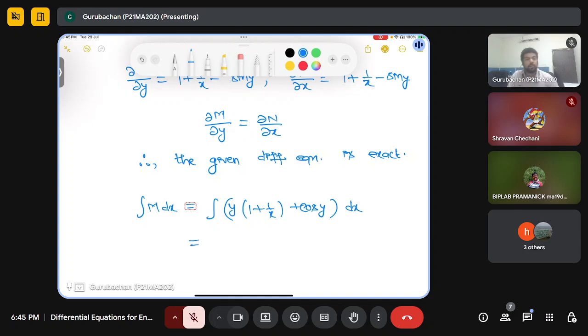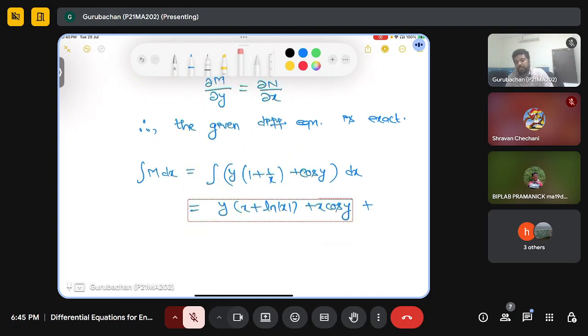Since you have to integrate with respect to x, you need to assume y to be a constant. So it will give you yx + y ln|x| + x cos y plus some constant.